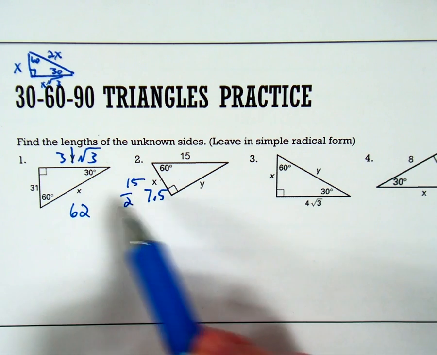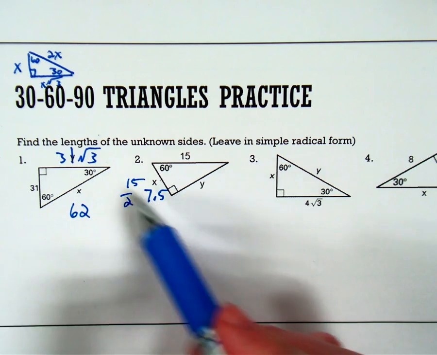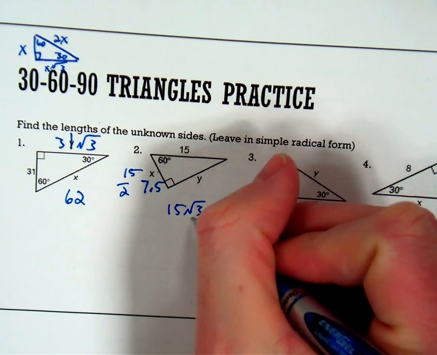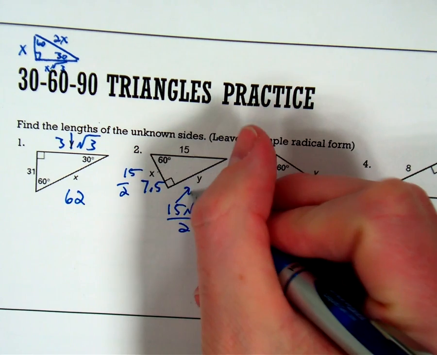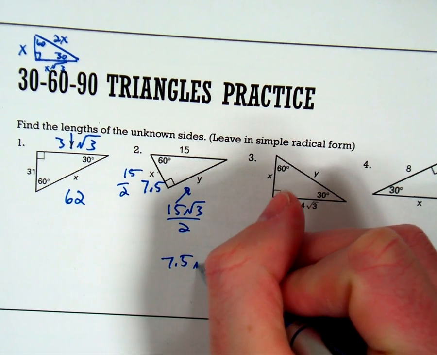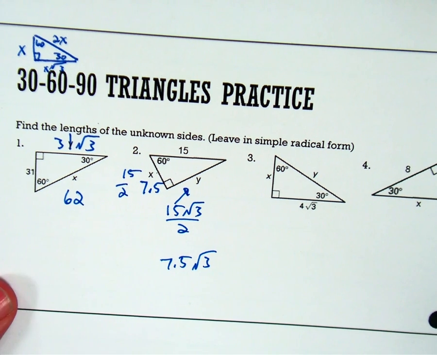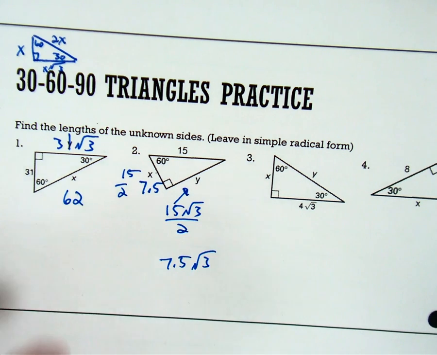Then whichever one you picked, the long leg is that times radical 3. So if you did fractions, it'd be 15 radical 3 all over 2, or if you did decimals, it'd be 7.5 times radical 3. I'm fine with either one. Some teachers make you do the fractions.